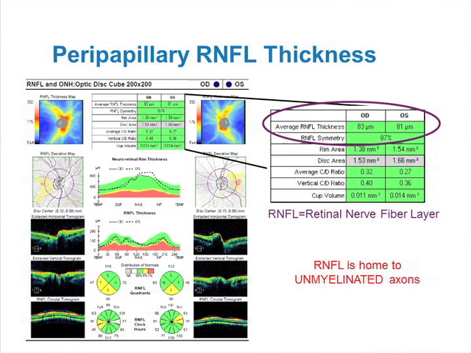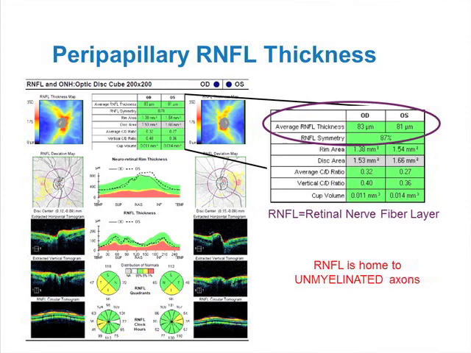Along the bottom left and bottom right of the report, you see the actual cross-sectional images, which are then used to generate the quantitative data, in the form most commonly of average RNFL thickness, seen at the center top of this figure.